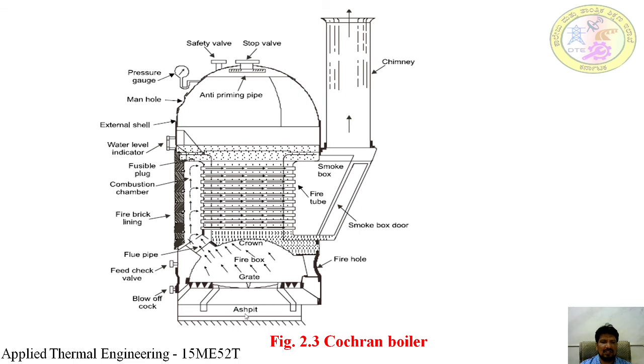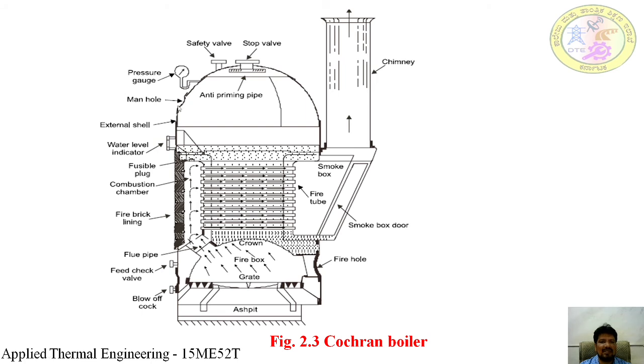The mountings in this boiler are the steam stop valve, the safety valve, which is the dead load safety valve, and the pressure gauge. This is the manhole, used whenever we need repair, maintenance or cleaning.